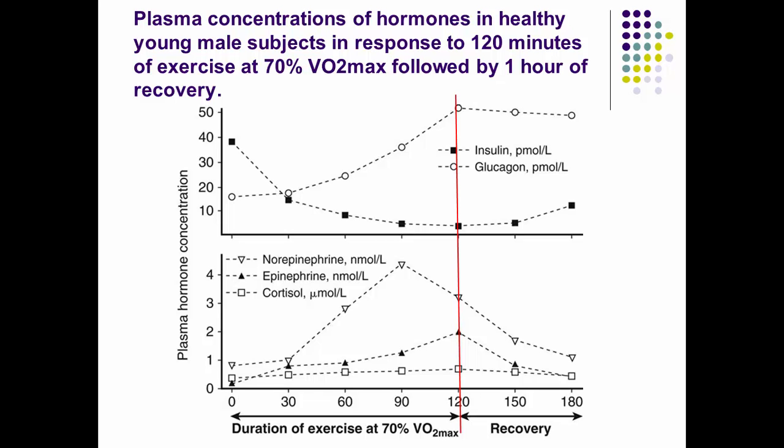Remember, the catecholamine is a very important hormone that stimulates lipolysis, right? And insulin basically suppresses lipolysis. So this pattern of hormone levels, increased catecholamines and decreased insulin levels, will lead to increased lipolysis, increased fatty acid release, right?